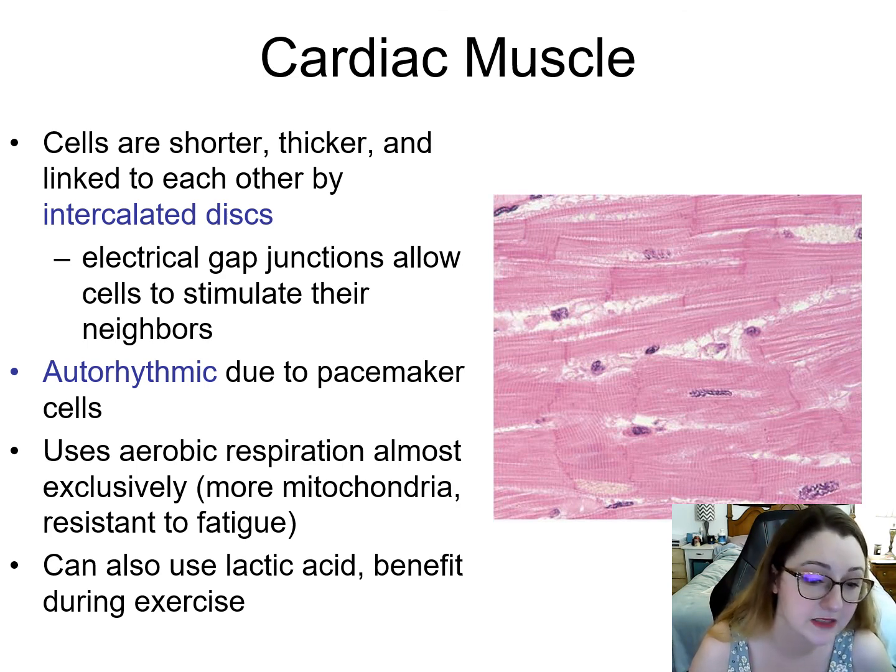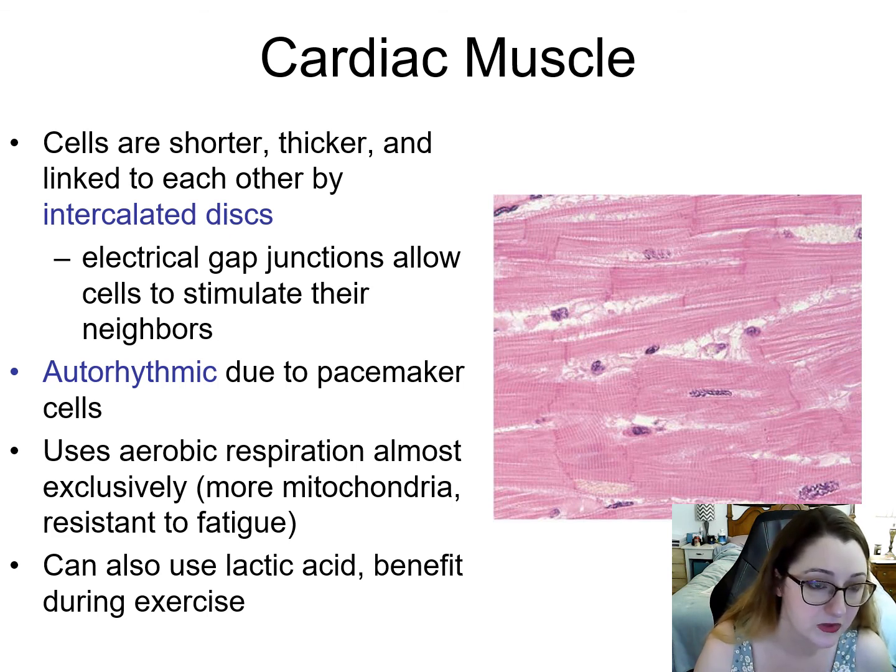But there are ways to make your heart tired, such as blood doping. Blood doping is going to put more blood into your body than is necessary at the time, and that is going to cause the heart to work harder than it needs to, and that can cause heart failure or fatigue, essentially, for lack of a better term.